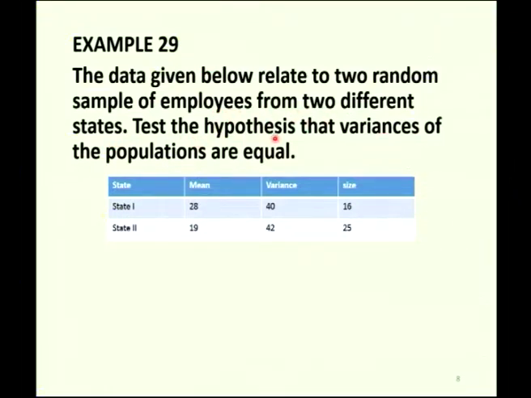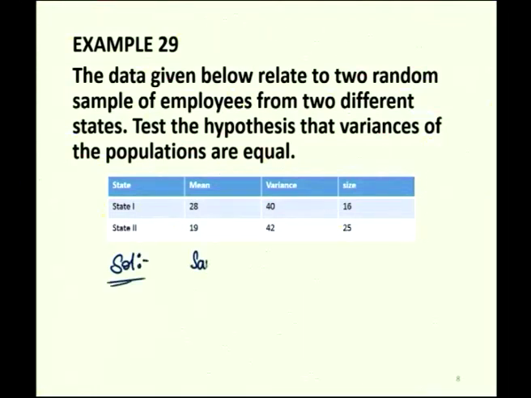Test the hypothesis that variances of the populations are equal. The data given is with respect to 2 states, state 1 and state 2. The mean is 28 and 19 for state 1 and state 2 respectively, whereas the variance is 40 and 42 respectively. Sizes are 16 and 25. Let us work out the solution for this.